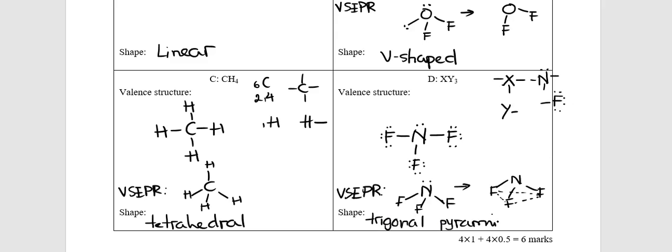Now I just want to emphasize, well, first of all, I can't spell. Okay, you don't really need all this excess working out. It's sufficient to just draw the valence structure and identify the shape.